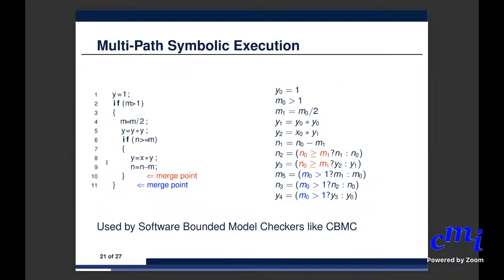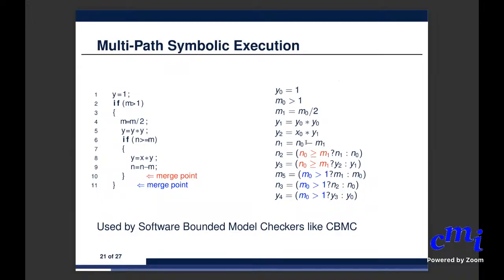And for this branching that happens at line 2, once again you will merge these two values. If m naught is greater than 1, and this condition is true, then you have the effect of whatever M1 is, and then you get Y4 and so on.